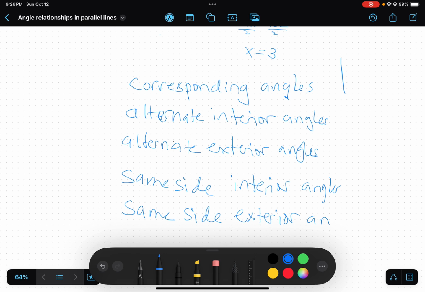These are all the angles that are created when we have two parallel lines cut by a transversal. So make sure you have these words in your notes. We'll keep practicing identifying these angles from diagrams and then using them to solve problems.